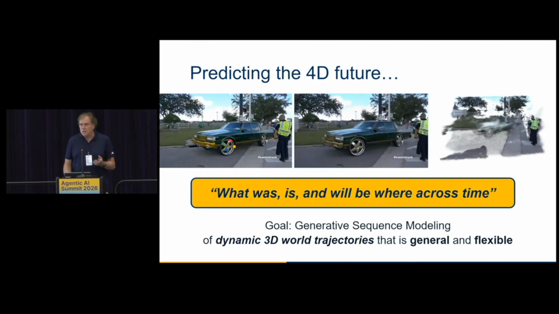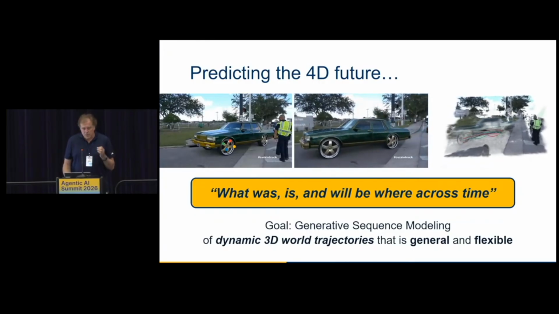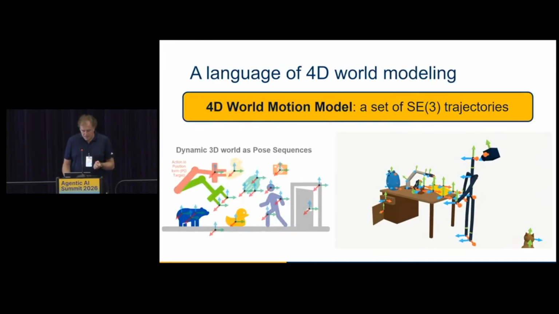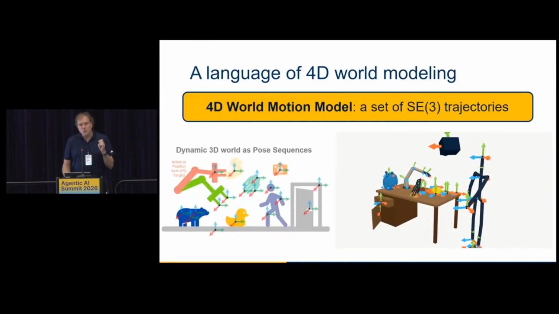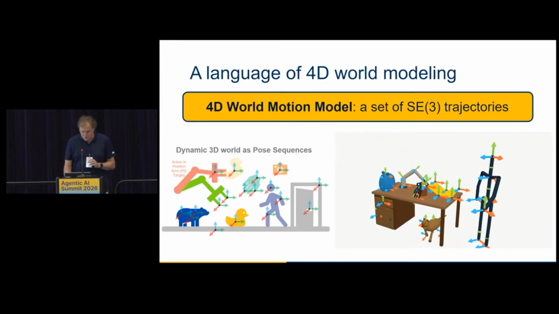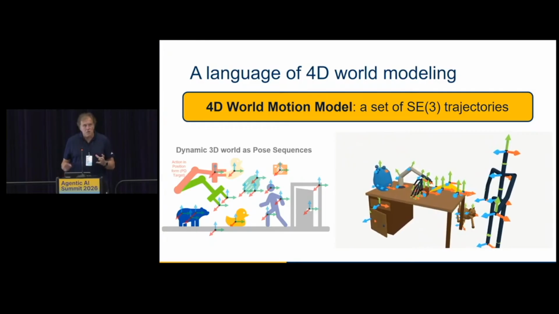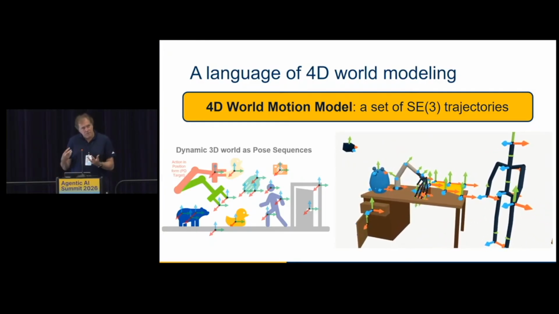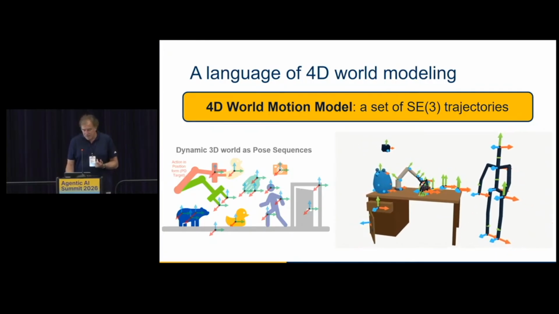So this is our latest work on world motion models, where we build a motion model of dynamic 3D world trajectories. It's actually a world motion model over SE3 trajectories. It's poses, for those of you who are geometry literate. So much of the physical world can be abstracted as the motion of rigid frames evolving.